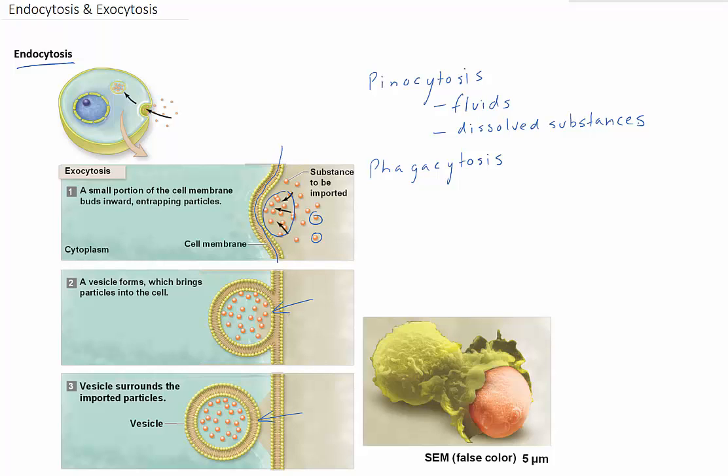In phagocytosis, the cell captures and engulfs large particles. So this can be referred to as cells drinking and cells eating.